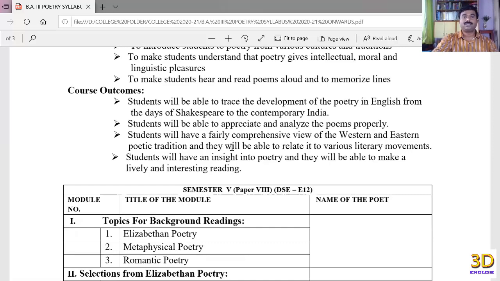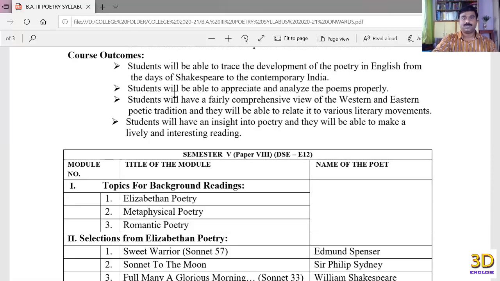Then, what do course outcomes mean? After learning this poetry, what changes will occur in the students? The students will be able to trace the development of poetry in English from the days of Shakespeare to contemporary India. Students will be able to appreciate and analyze poems properly.